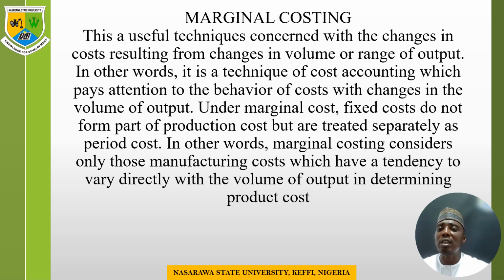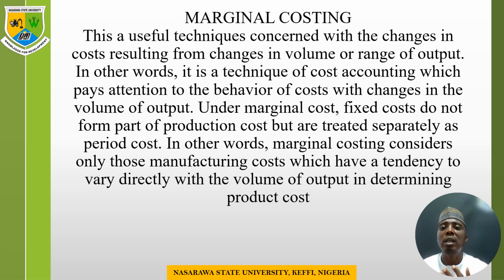Rather, it treats it separately as a period cost to determine the net production cost. So the emphasis on marginal cost is more on the contributions before determining your net production cost. This again makes marginal cost differ from absorption cost, though the focus of this lecture is on marginal cost.